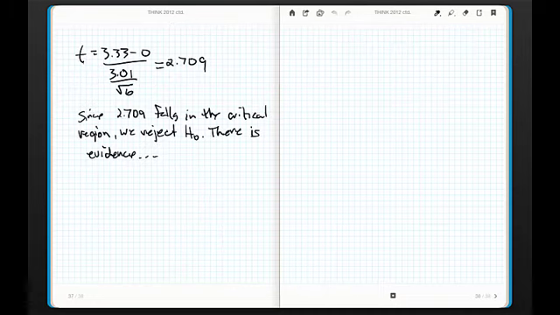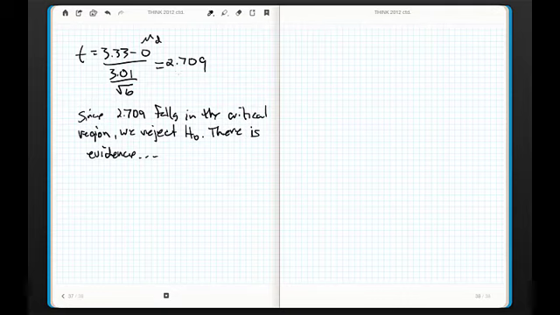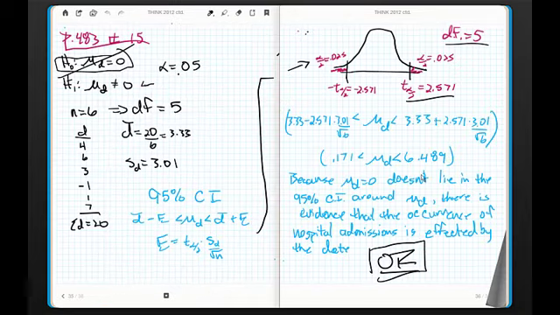If I throw it in my t value, I get t equals 3.33 minus mu sub d, which I take from my null hypothesis, divided by 3.01 divided by root 6, and I end up with 2.709. All right, so 2.709, let's see where that ends up. Yeah, that just barely ends up right here, doesn't it?